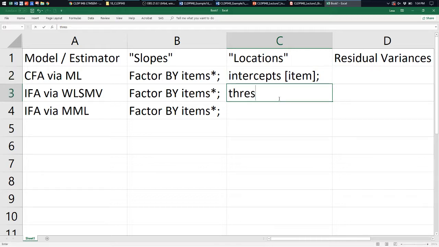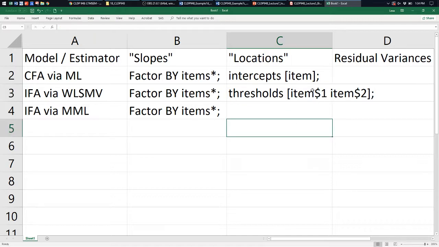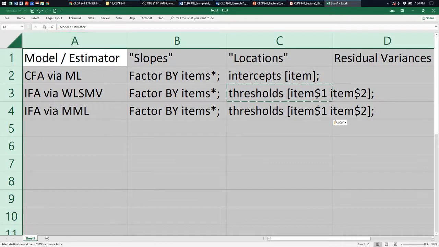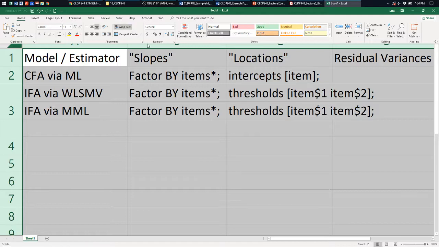Here, they are thresholds. So it's item $1 up to item $, we'll say K-1 for the number of categories. But in practice, you would list them. So in this case, it would be like item 1, actually item $2, and so forth. That is the same down here. Let me do wrap text. There we go.